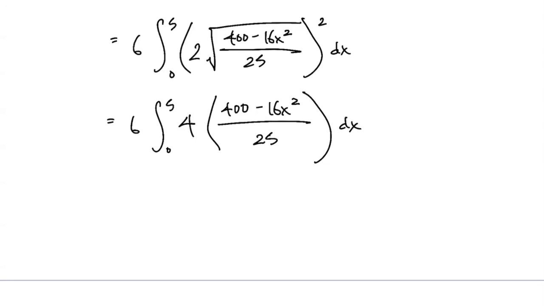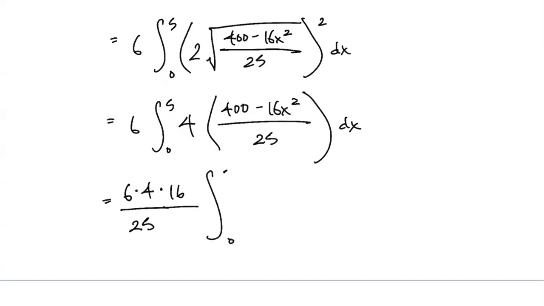You're going to bring all those constants out to the front. Keep your numbers as small as possible. So I'm going to go ahead and bring the 4 out. I'm going to bring the 25 out. And I think we can pull out another 16, something like that. 16 times 4 over 25. 16, is it? I think so.